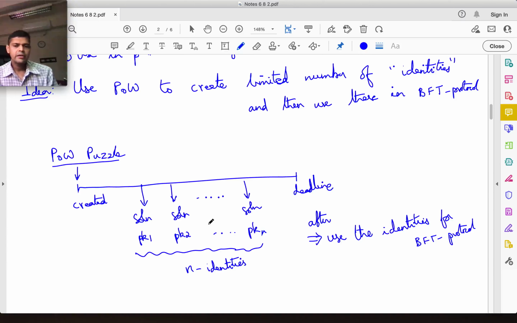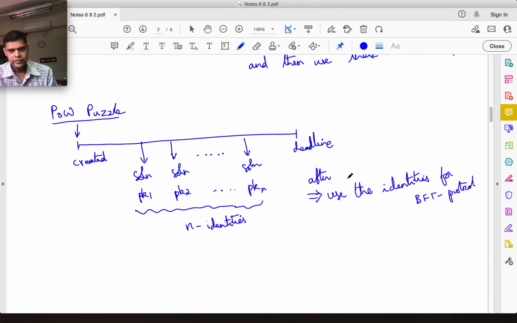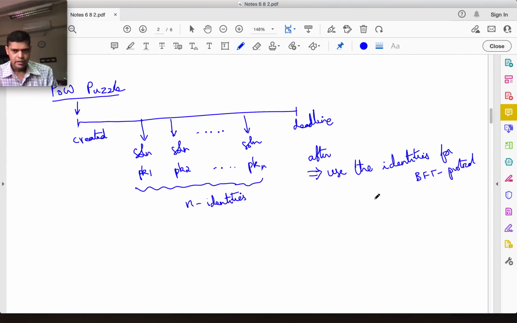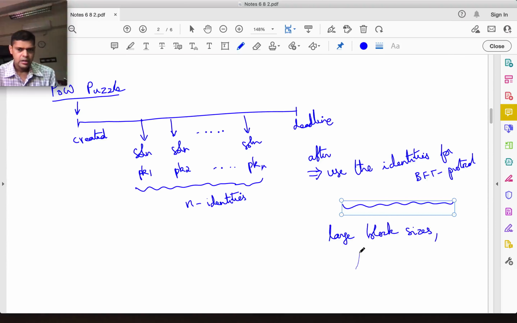Now these people can get together and they can use any BFT protocol in order to create blocks. Okay, so they use the identities for BFT, and here in this period, okay, you can have large block sizes and you can have low confirmation times, because the BFT protocol is finite, right?